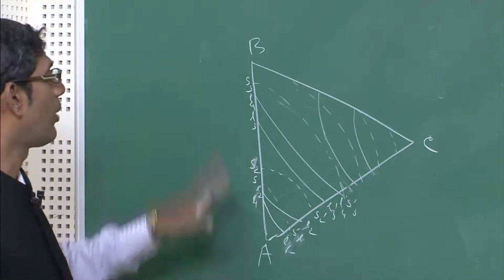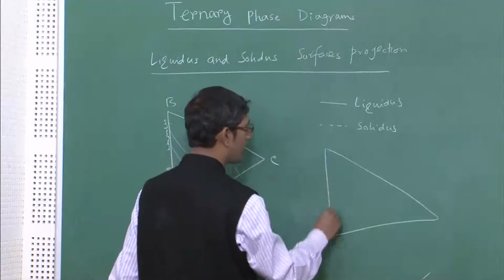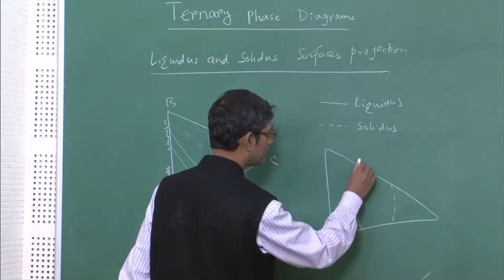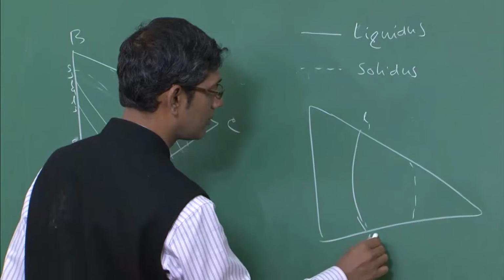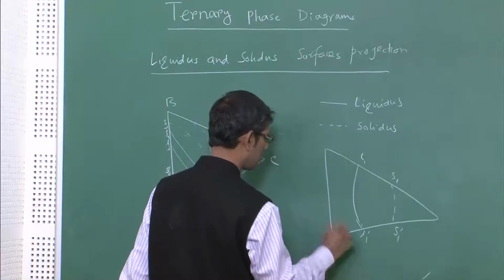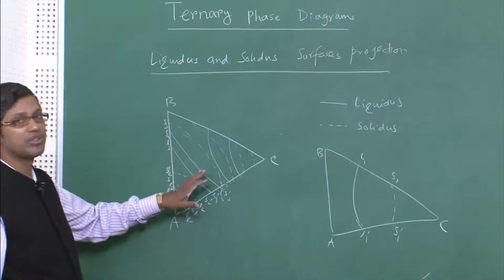So, basically what are these? These are different sections. In one section I am drawing like this. So, these same things are projected onto the Gibbs triangle at different temperatures.